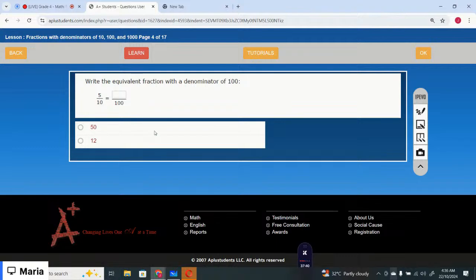The correct option is 50. 10 times 5 is 50 and 10 times 10 is 100.